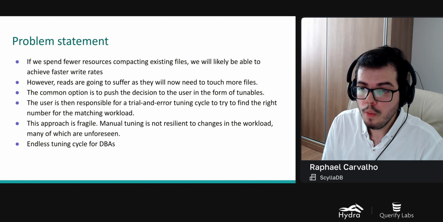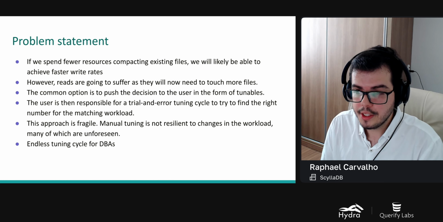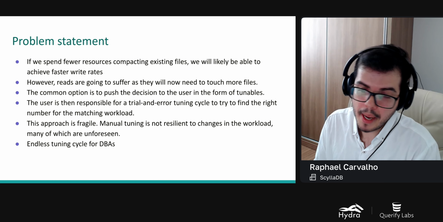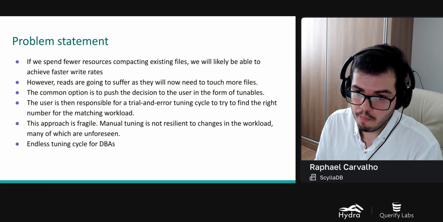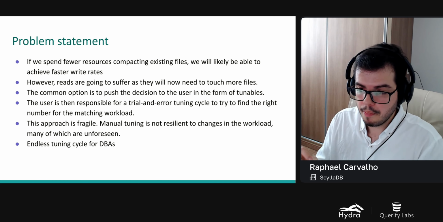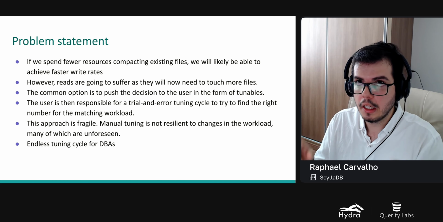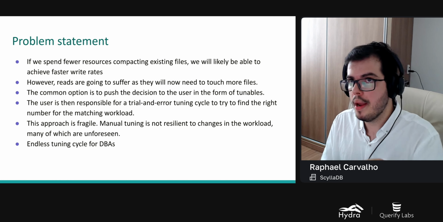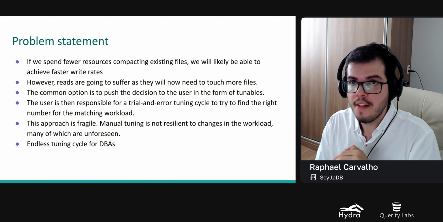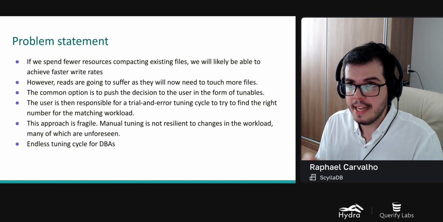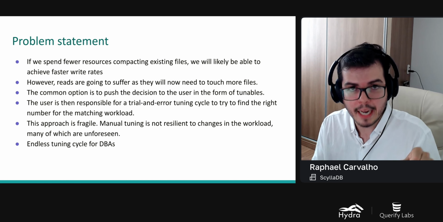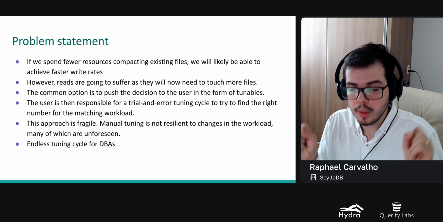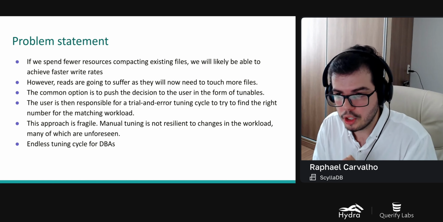So the approach we used is the industrial controller, the PID controller, because we wanted to employ a closed loop control system where we are constantly measuring the compaction backlog, normalizing the backlog, and calculating the amount of resources we should devote to compaction.